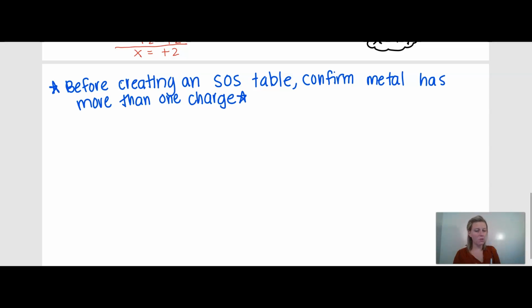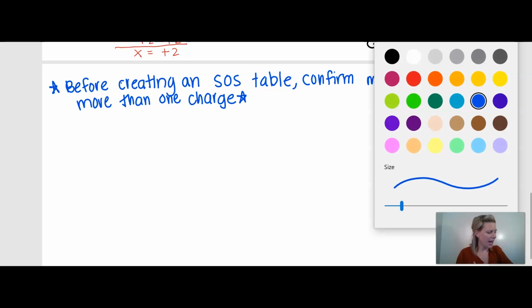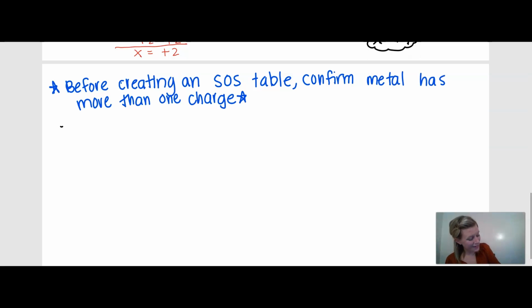So let me give you an example of that, right? If I were to give you the following compound, NaCl, right? We've all seen this before. I would go first to my periodic table and say, does sodium form more than one charge? The answer is no, it forms just a +1. If that's the case, no Roman numeral is needed, okay?